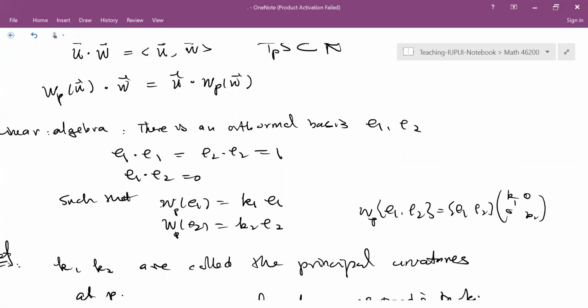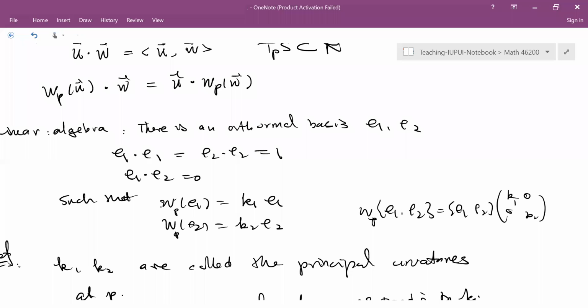In order to prove this, step one: take an arbitrary basis, find the matrix, then you get eigenvalues first. Using the eigenvalues, you get the corresponding eigenvectors.